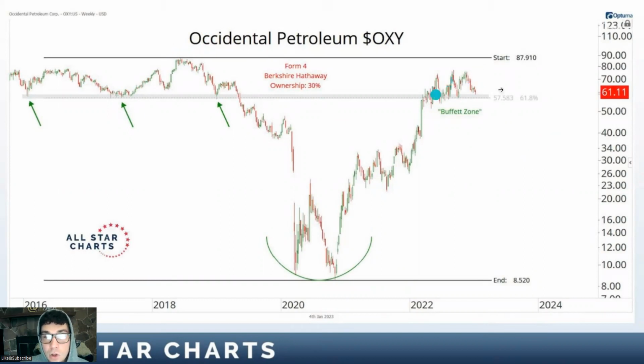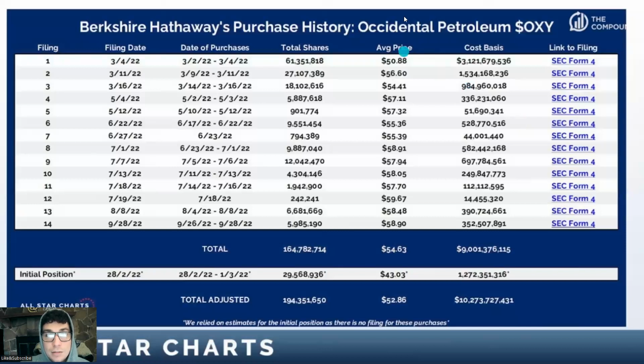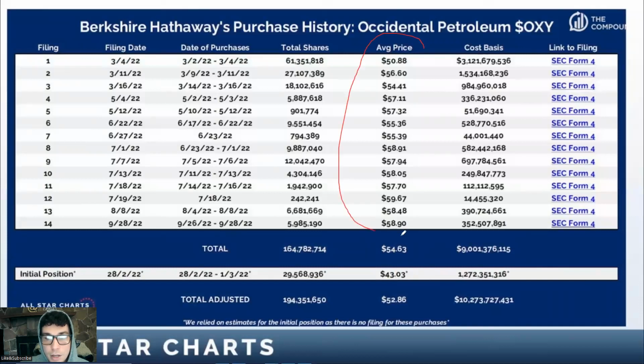So if you're looking at it, we have right here what's the Buffett zone. If we go into the next slide, this is pretty much the Buffett zone explained to you guys very nicely. So look at his average price, okay? Warren Buffett is buying between $50 and $59, anytime really below 60. So he's accumulating between 50 and 60.